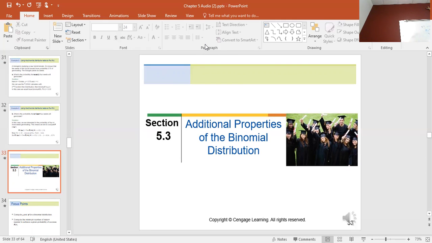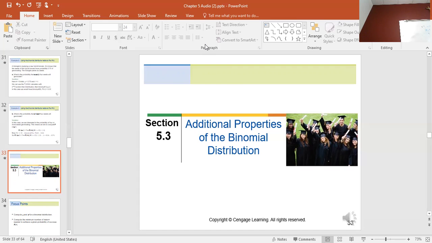So I will just do the example that we have here. Example: X is binomial with 6 and 1 over 3. E of X is 6 times 1 over 3. It is 2.